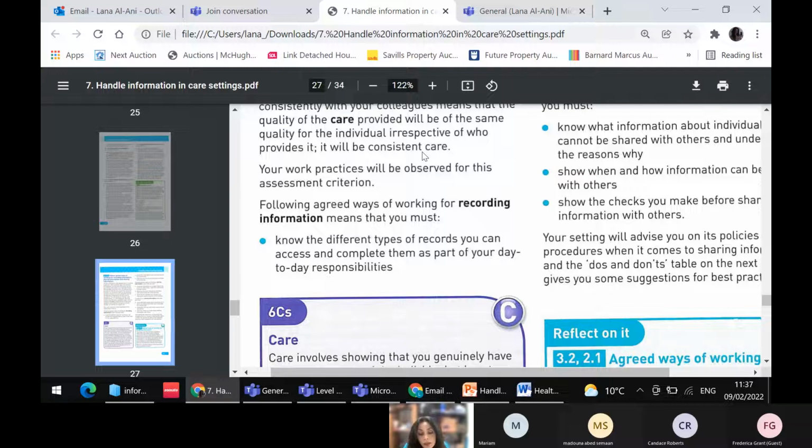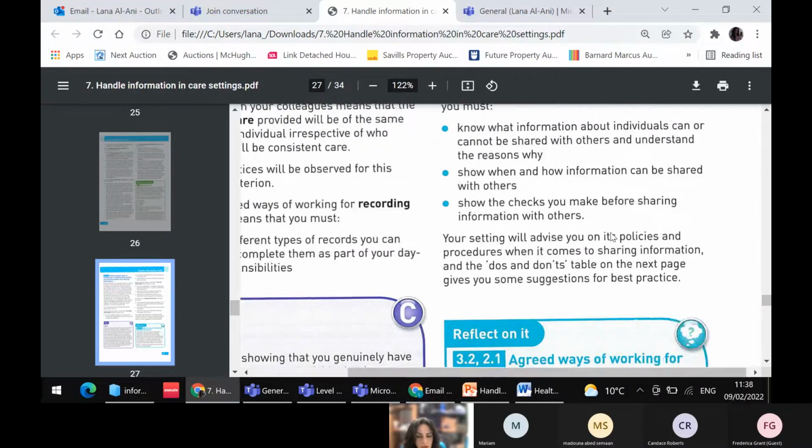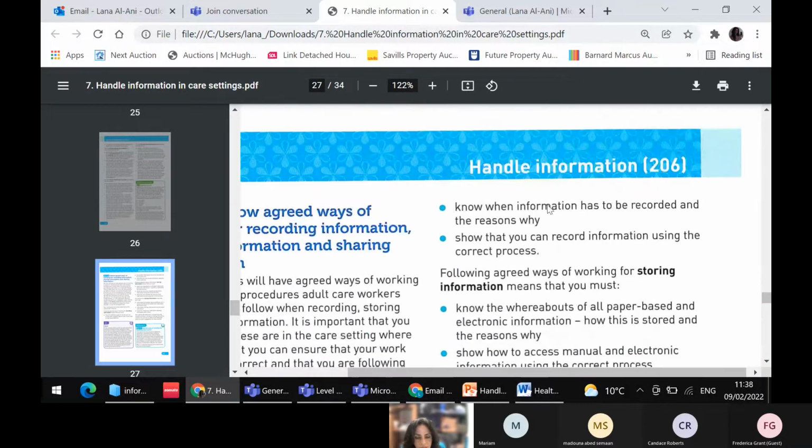I make sure that the data I record is always up to date, because it is my responsibility. The data are complete and also kept up to date. I also need to make sure that this information is recorded for a reason. I don't record any information without a reason.